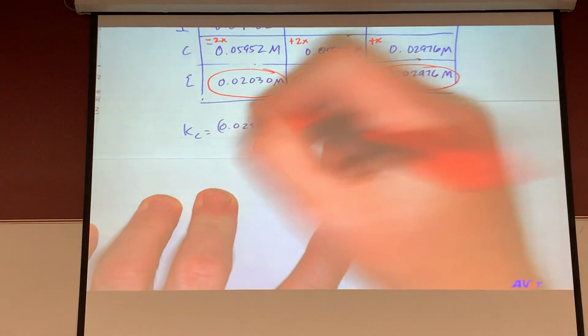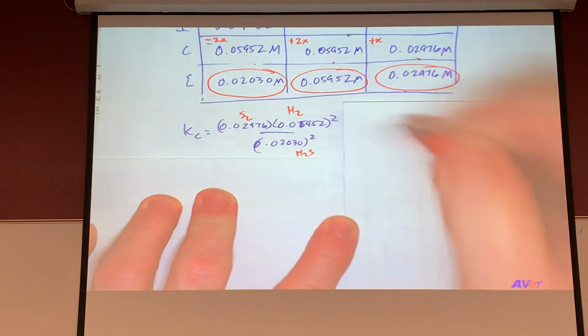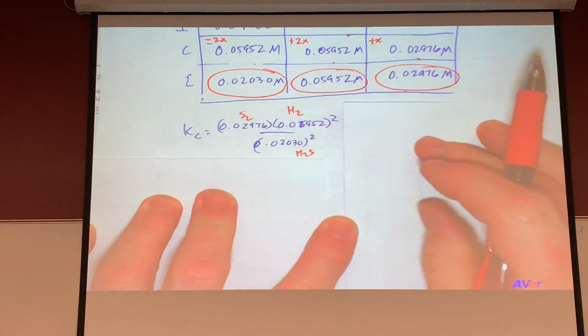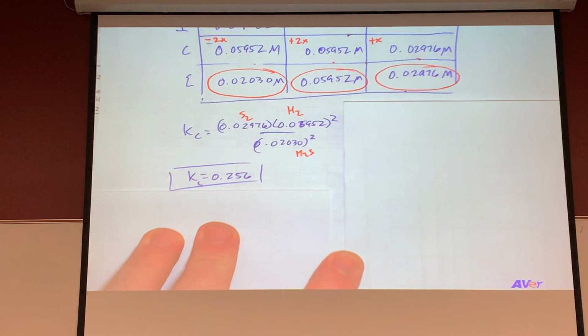This is your S2, the H2, and the H2S. And you should square the two of them. And if you do the math properly, you should end up with that. Okay. Questions on the K? No units. All your K's are unitless. Okay. So all K's are unitless.